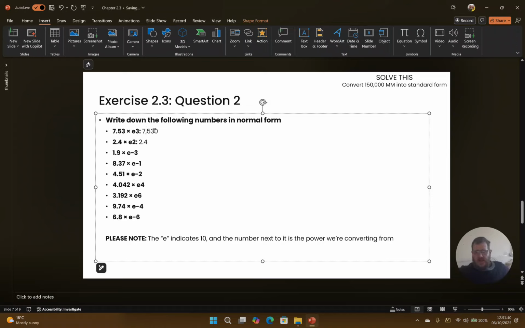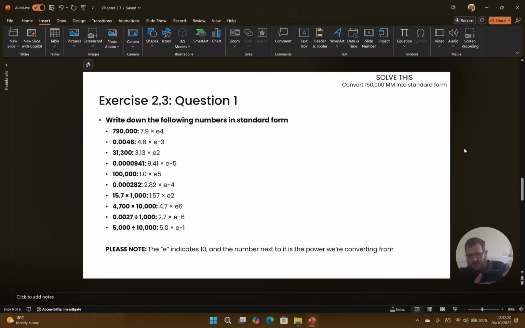I definitely need to double check that. Let me just double check that just to make sure. Yeah. Good job I checked that then. Just going to go back over my other ones.